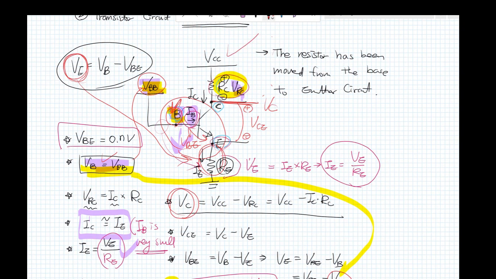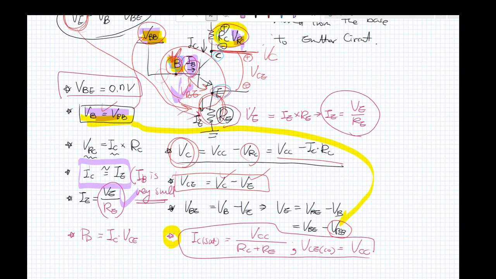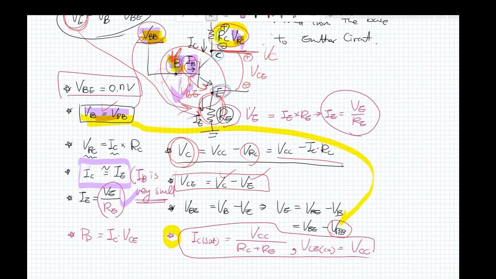And V sub CE is equal to V sub C minus V sub E. V sub C and V sub E we have already calculated, we already know the formulas from the previous one. And then finally, the V sub BE is equal to V sub B minus V sub E. That is one way to find the V sub BE, from V sub B and V sub E.